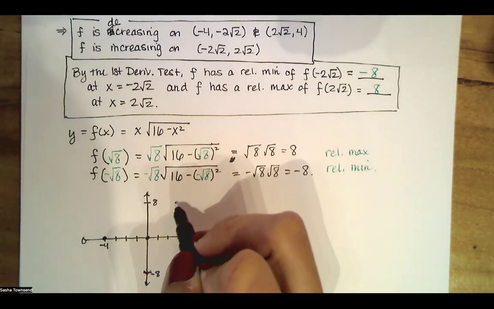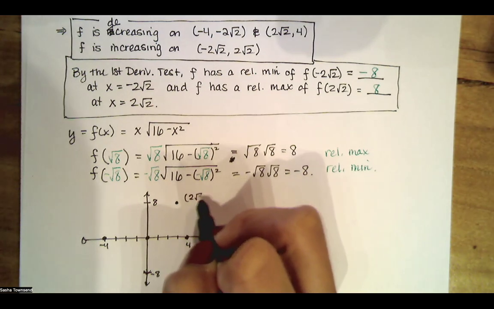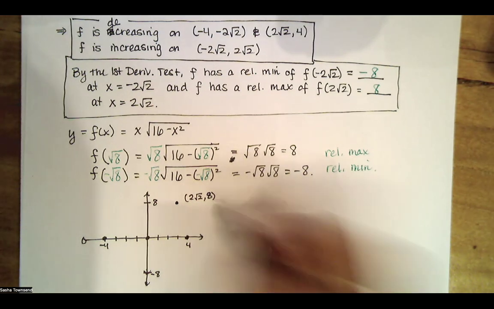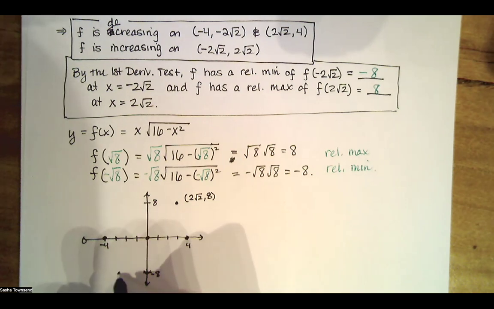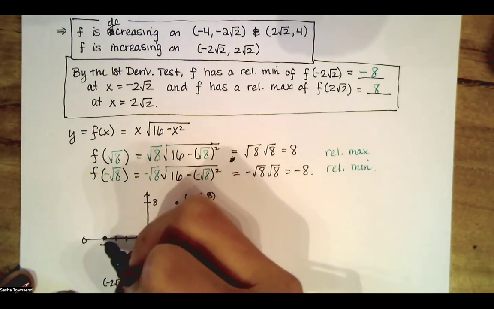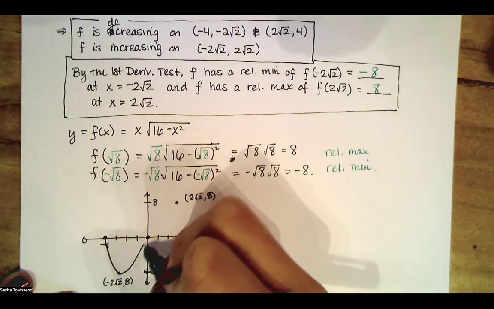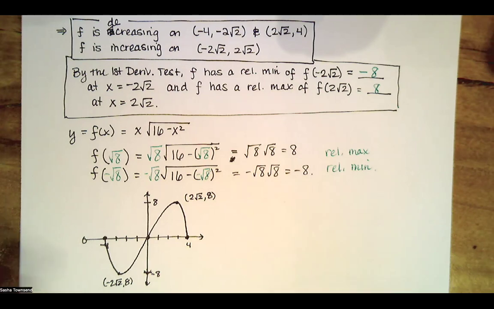So I'm going to go here. So this is 2 root 2 and 8. And over here, we're going to have negative 2 root 2 and negative 8. I don't know the details, but I think it's probably going to look something like this. Now, remember what we found.